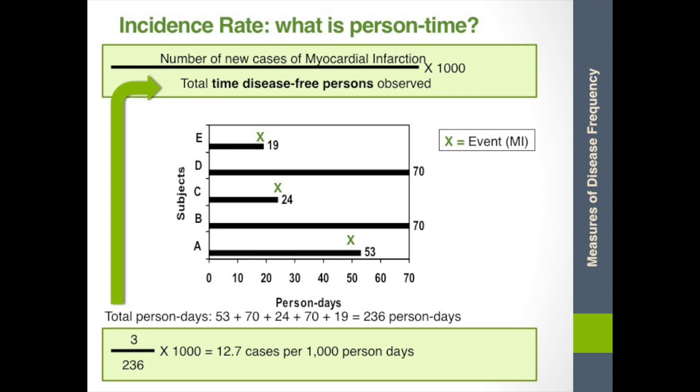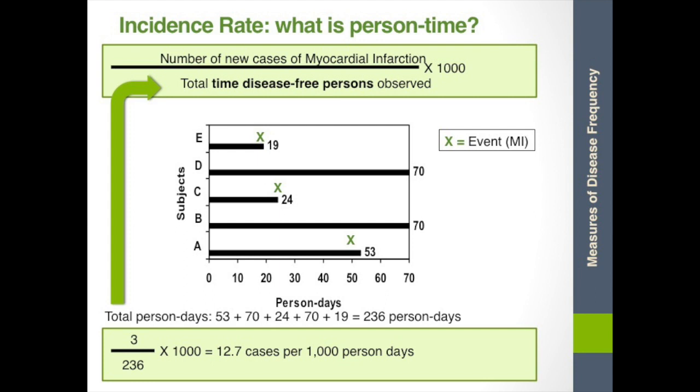This number would now become the denominator for the incidence rate. The total number of individuals who became cases over the period of time were individuals A, C, and E. Therefore, after applying the formula, the incidence rate of myocardial infarction would be 0.0127 cases per person-day.